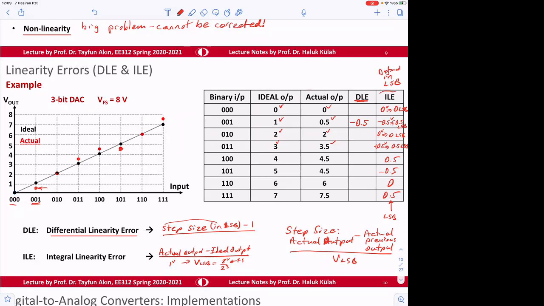Okay, so here, from this output voltage, it goes to this output voltage. Step size compared to the first one is now what? 1.5 step.